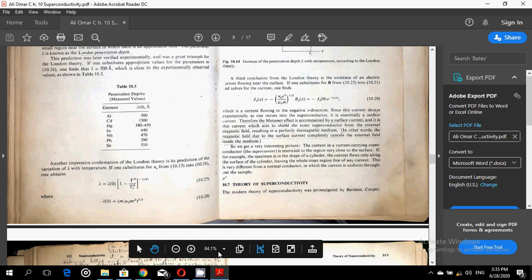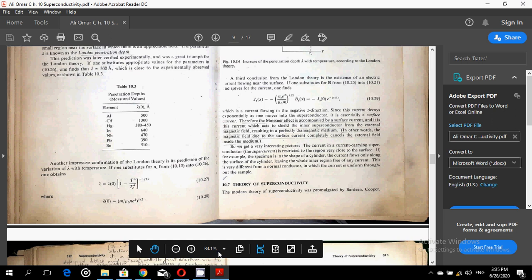Okay, the BCS theory has now gained universal acceptance because it has proved capable of explaining all the observed phenomena relating to superconductivity.